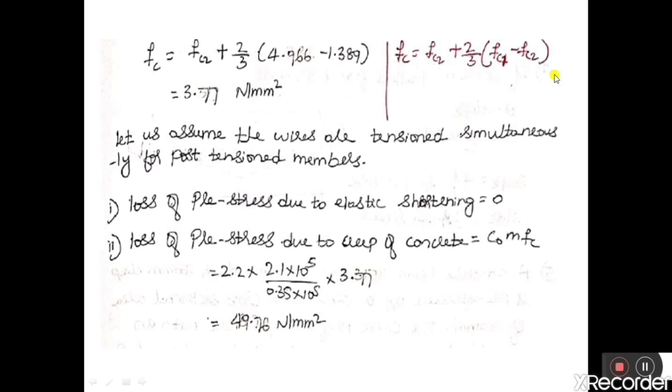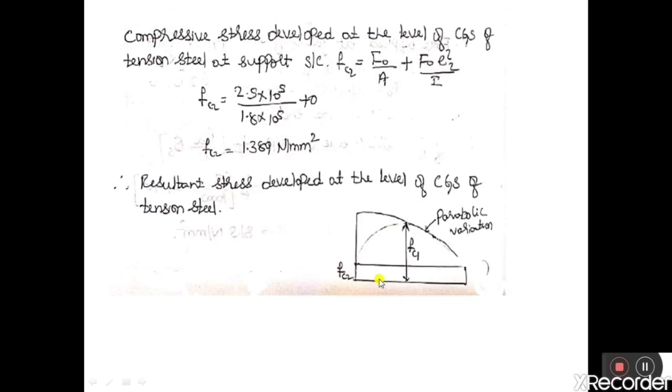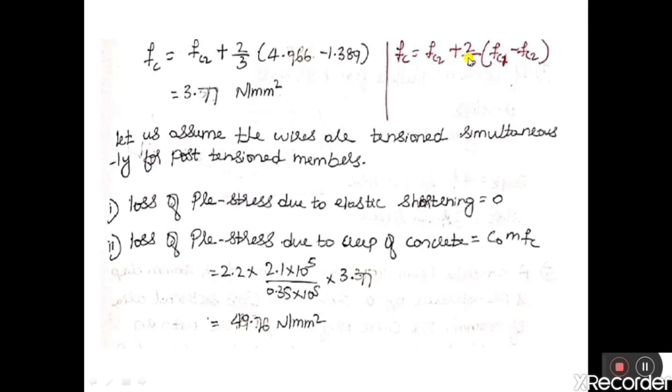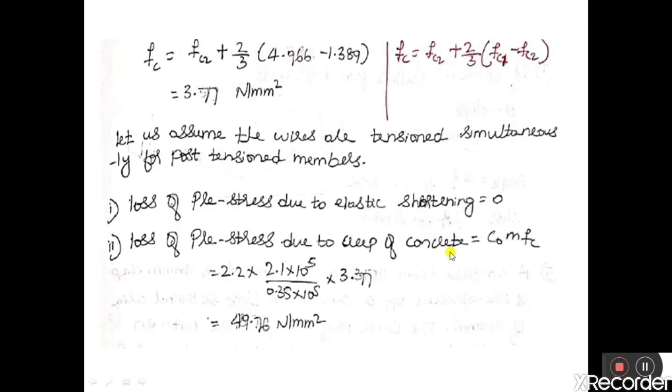Therefore, the resultant compressive stress Fc is equal to, remember this equation, Fc2, which we know is 1.389, this rectangular portion, plus this parabolic portion. The parabolic portion is 2 by 3 because it is a parabolic portion, so 2 by 3 into Fc1 minus Fc2.